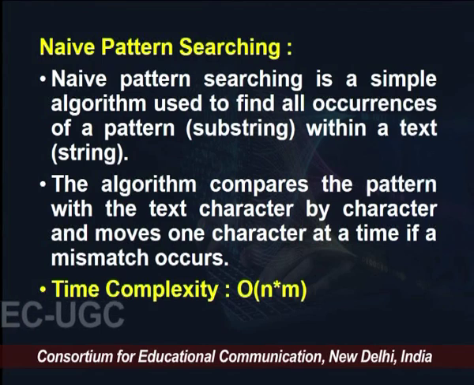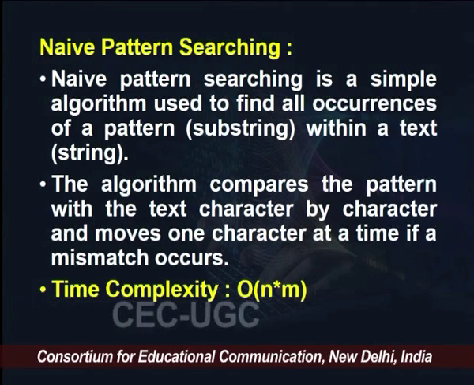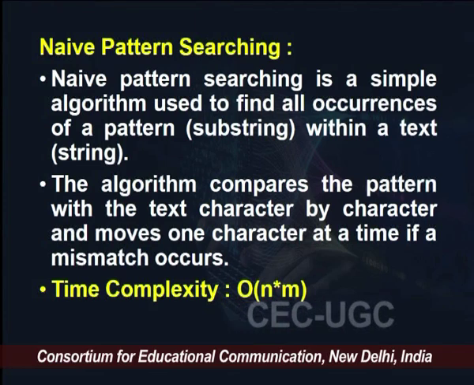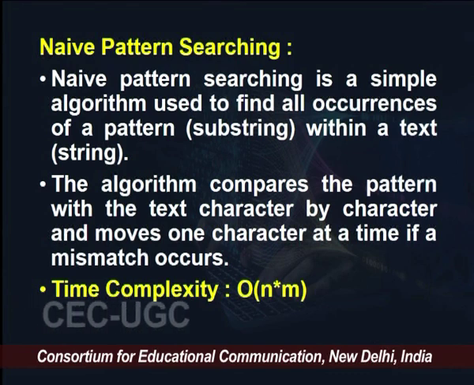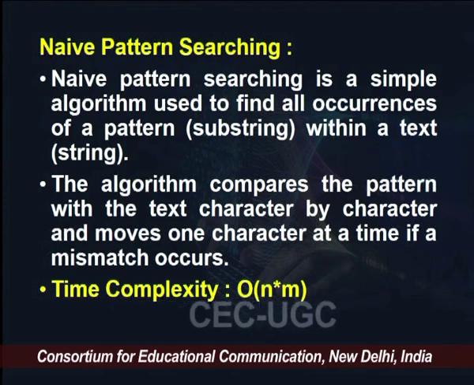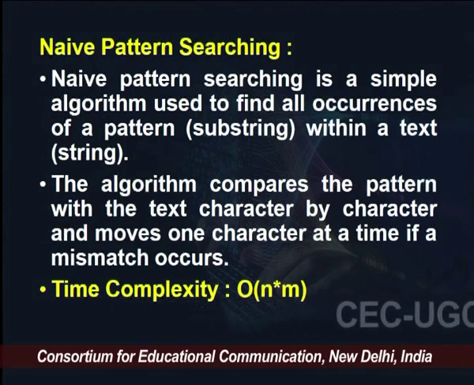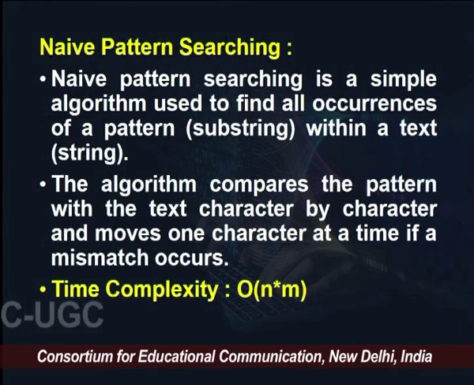Here it is important to note whether we are looking for only the first occurrence of the pattern or all the occurrences. Here it is going to report all the occurrences of a pattern, also known as a substring, within a text, which is also known as a string.